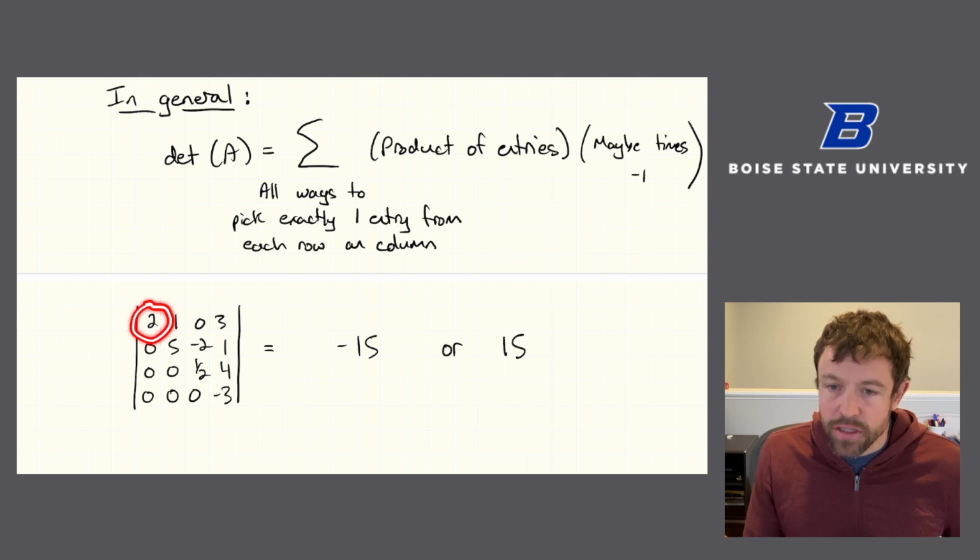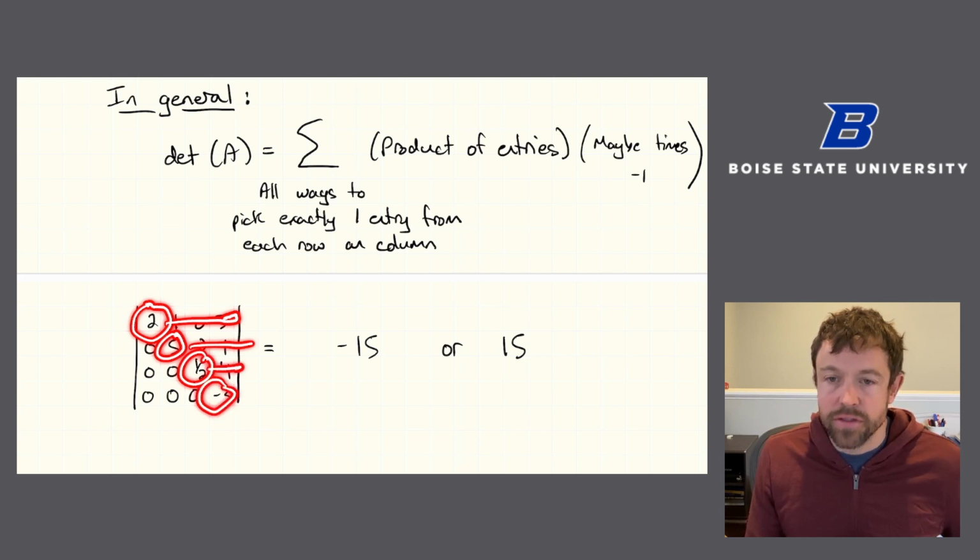And once I've chosen the 2, I'm no longer allowed to pick another entry from the first row. And then when I go to the second column, the only entry I can choose without picking a 0 is 5. And similarly, I realized that the only way to choose an entry from each row and each column without having a 0 is just by picking the diagonal entries.